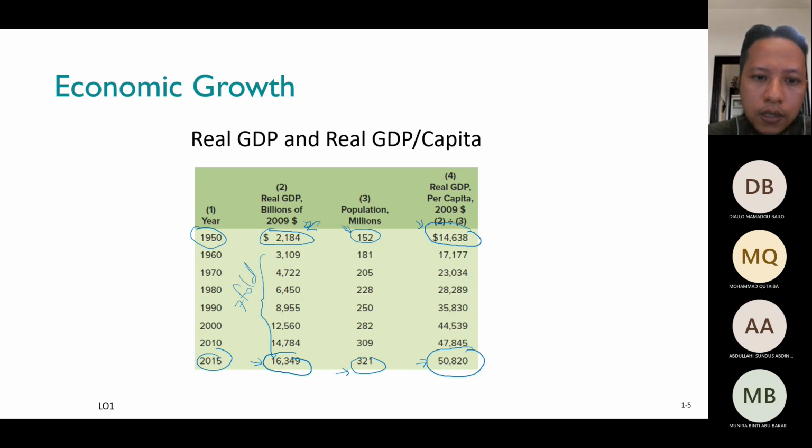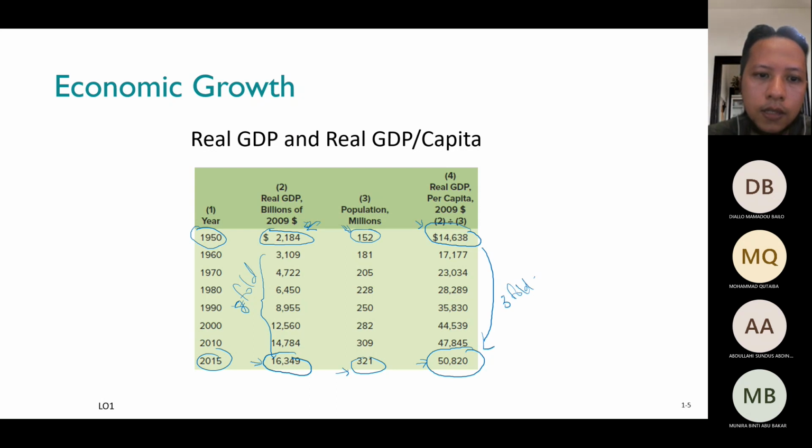Okay. Although this is an increase, however, if you look at the comparison between the increase in real GDP and real GDP per capita, this is around 8 times maybe. This is only around 3 times.